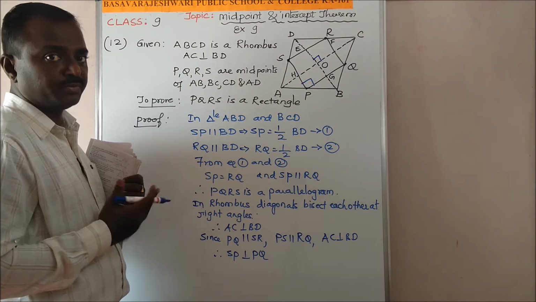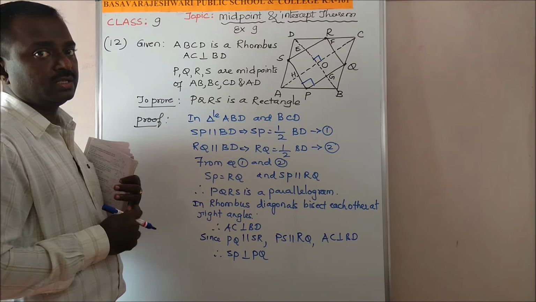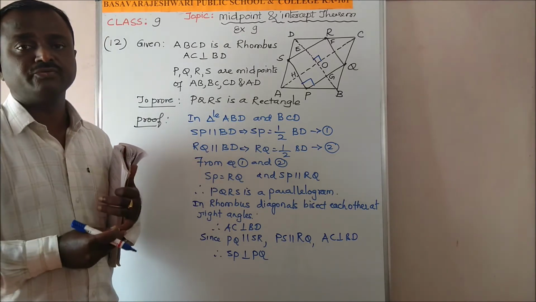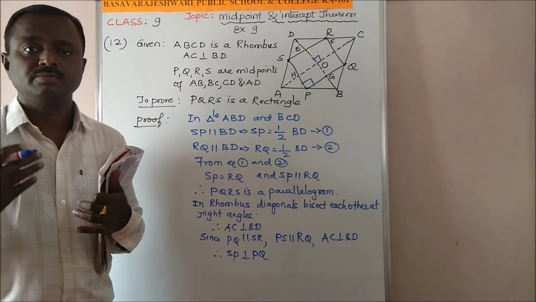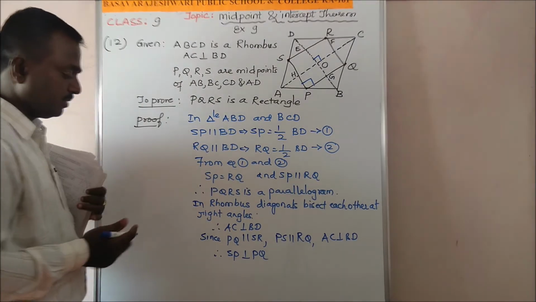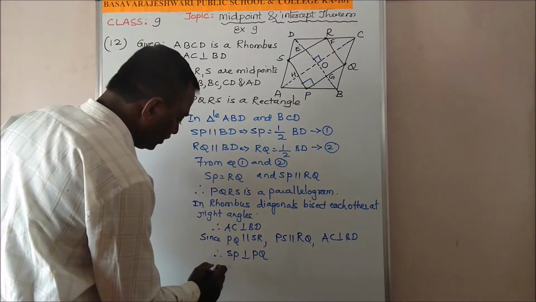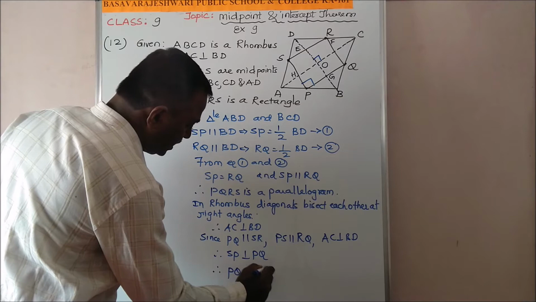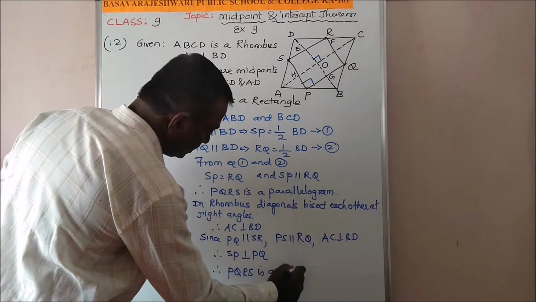If the sides are perpendicular to each other, all the angles are 90 degrees. So PQRS is a rectangle.